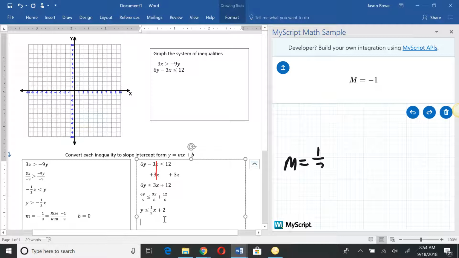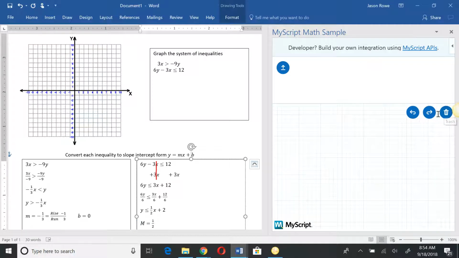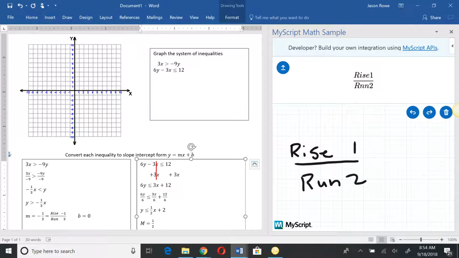And again, we're going to use what that means. That means we're going to rise 1 and run 2.